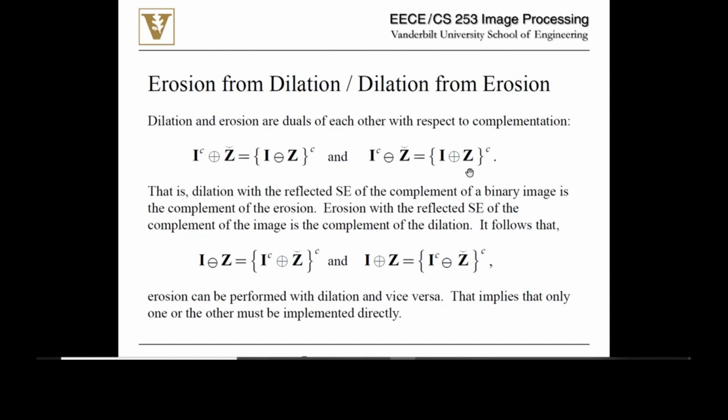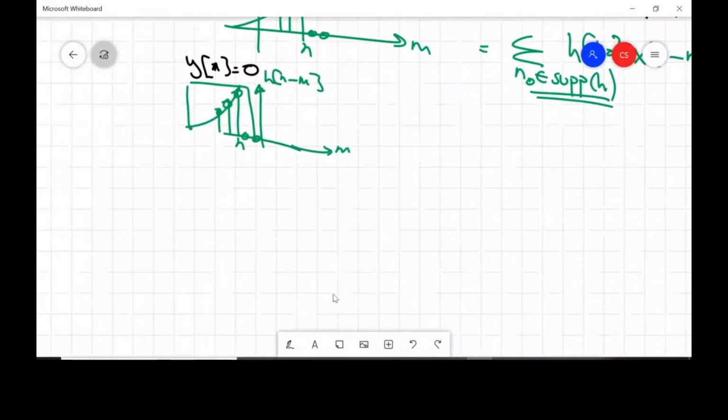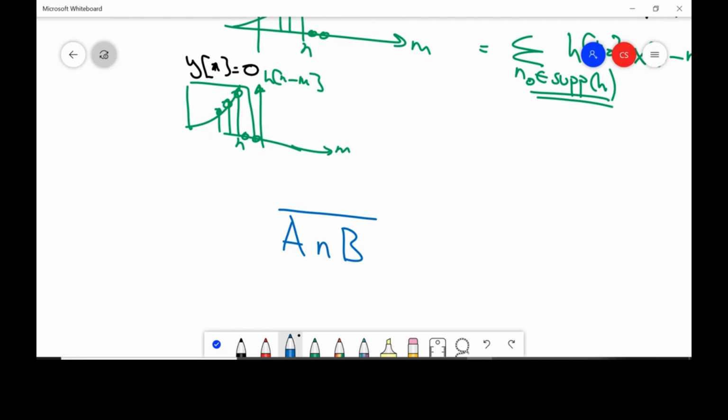So for instance, for a set, you know that if you have two sets, A and B, and you want to compute the complement of these, you know that the complement of this is this one, right?